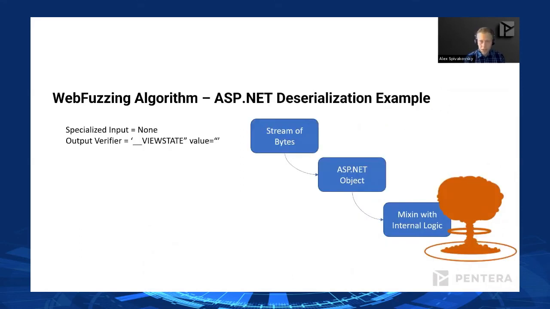ASP deserialization attack example: you send a stream of bytes to the web server. It is translated to an ASP.NET object, and the ASP.NET engine interacts with it. Interaction with a wrong piece of data can create code execution if not properly handled. So in this case, there's no need for specialized input.